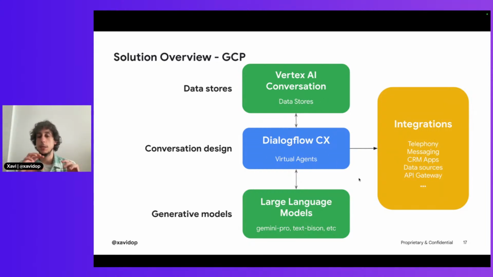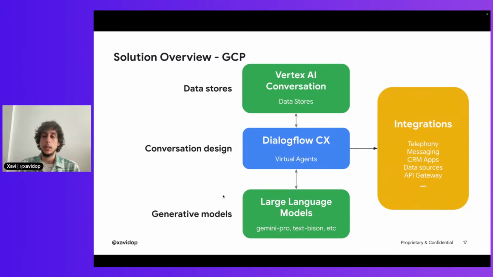Dialogflow CX is a no-code tool that you can use to design conversations. It is based on flows and pages. You can go from one page to another, designing conversations as flows. Dialogflow CX at the end is basically a state machine manager.